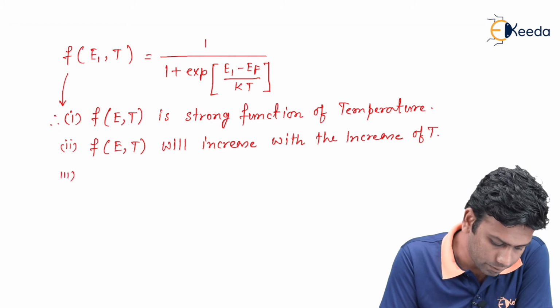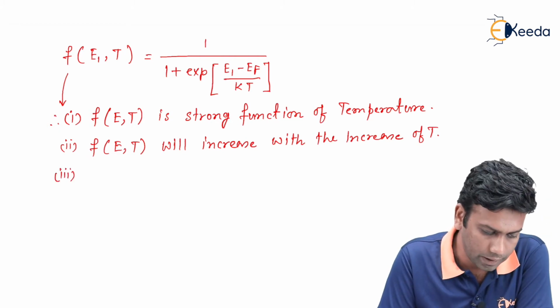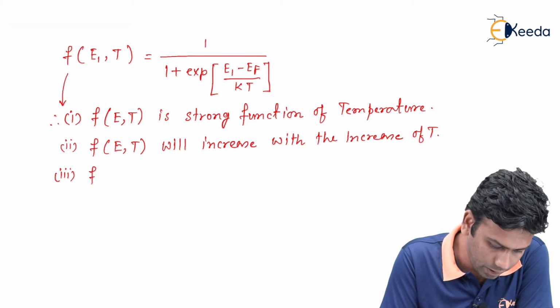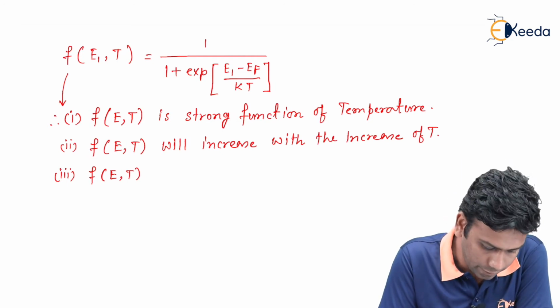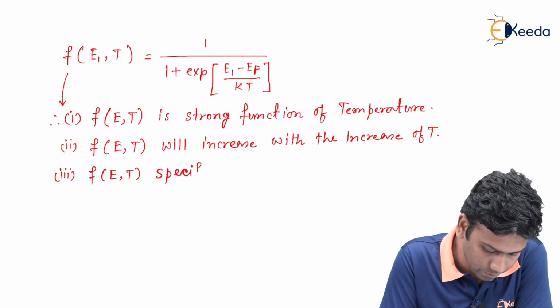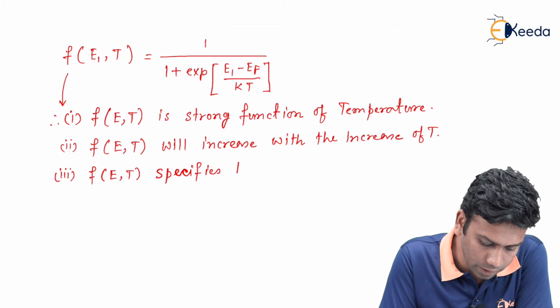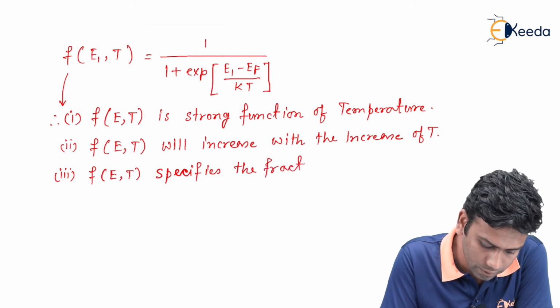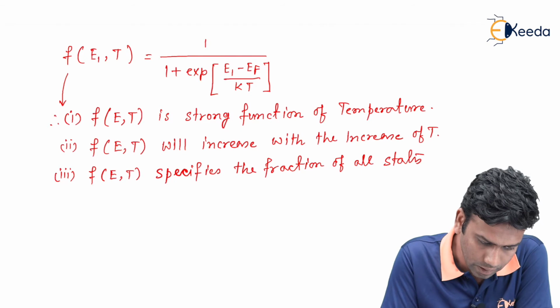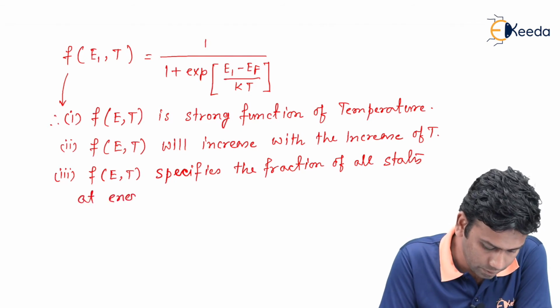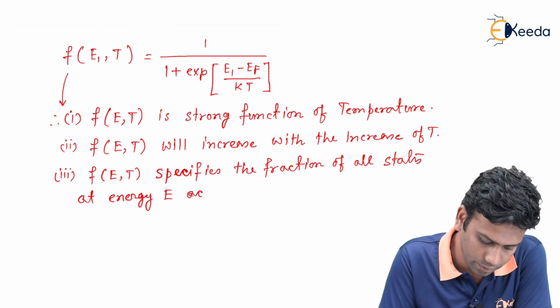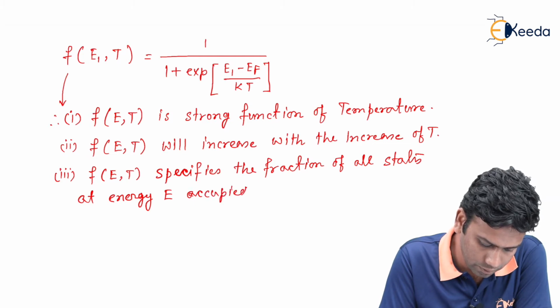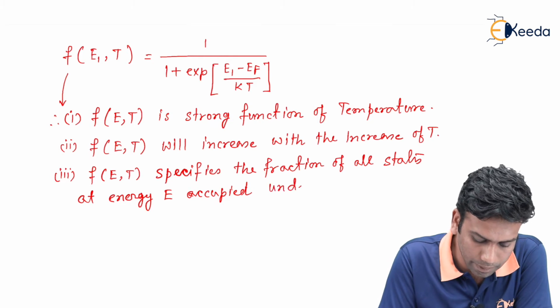The third statement that can be concluded is that F of E, T, the Fermi-Dirac distribution function, specifies the fraction of all states at energy capital E occupied under thermal equilibrium.